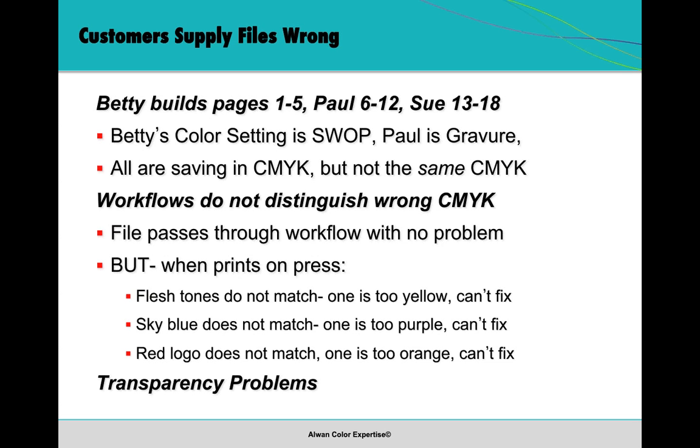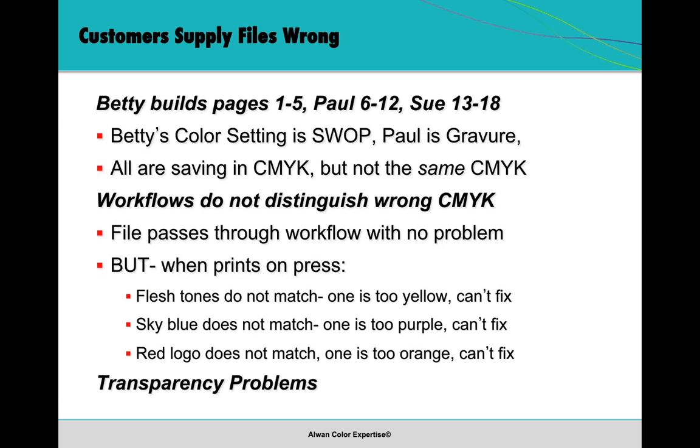But on press, the digital press operator or the conventional press operator is not going to be able to fix the flesh tone that's yellow and make it pink because it's in the file. You can't necessarily move the ink keys around or change the tone curves in a digital press to make those two flesh tones match, especially on the same page.